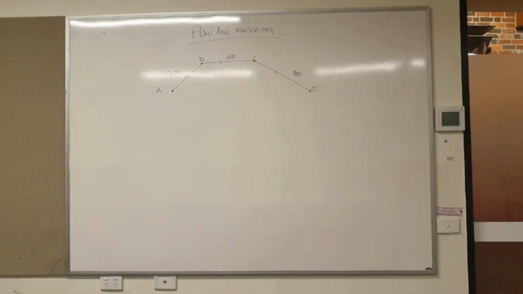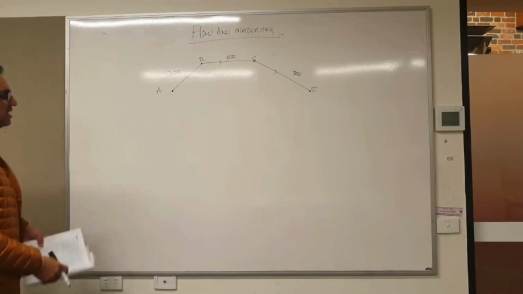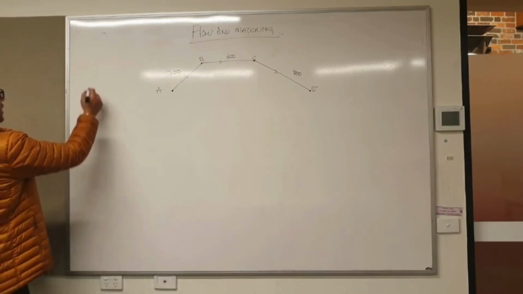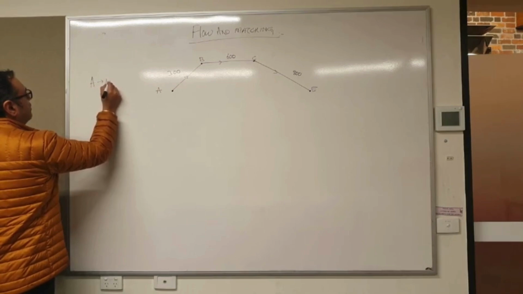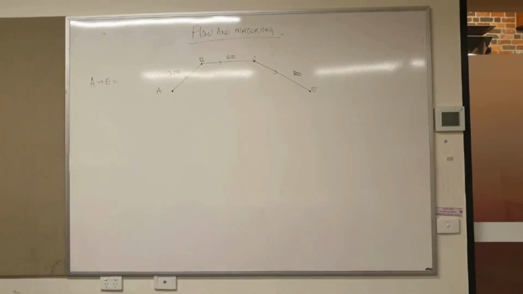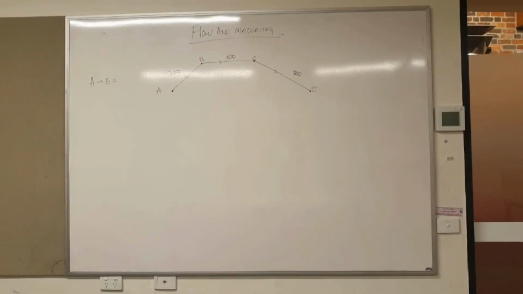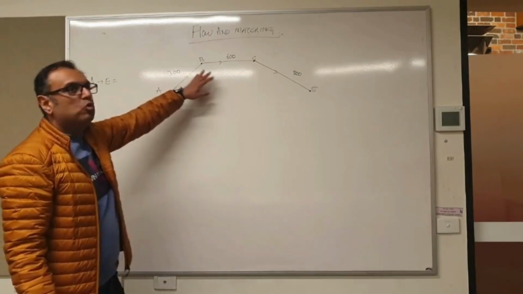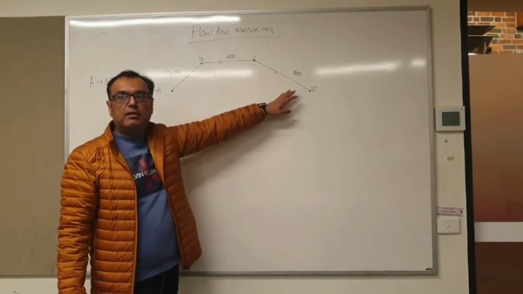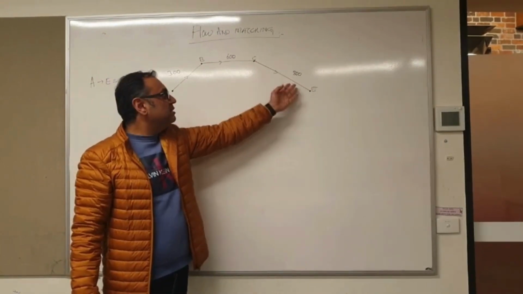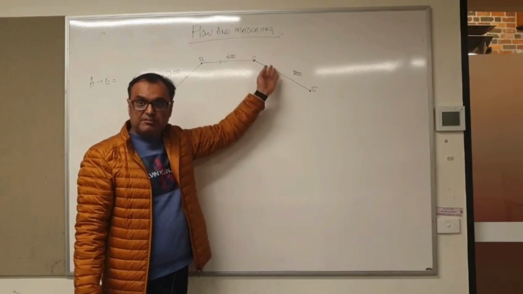If I now ask you, what is the maximum traffic flow from A to E? How many cars at the max can flow from A to E? Who can answer that? 1700. Anyone else? These are the maximum capacity the roads can handle. You're talking about 1700. That means they have to pass through this road. Can 1700 pass through this road?